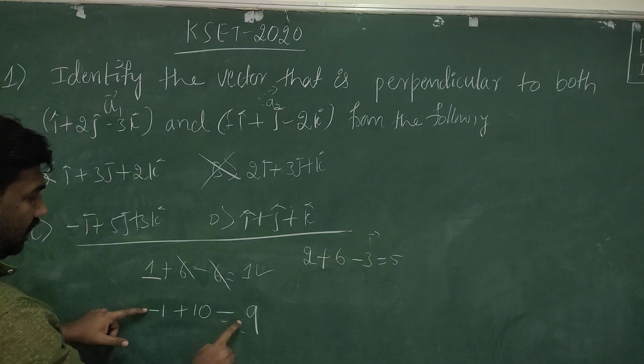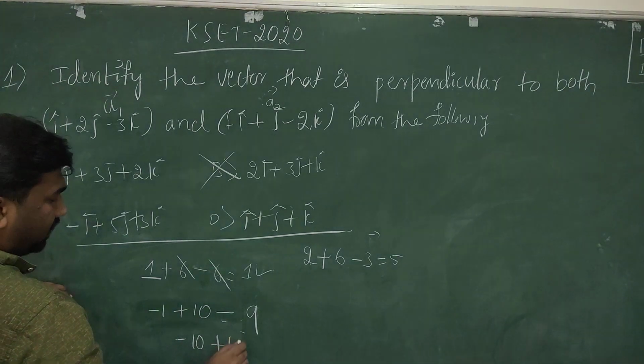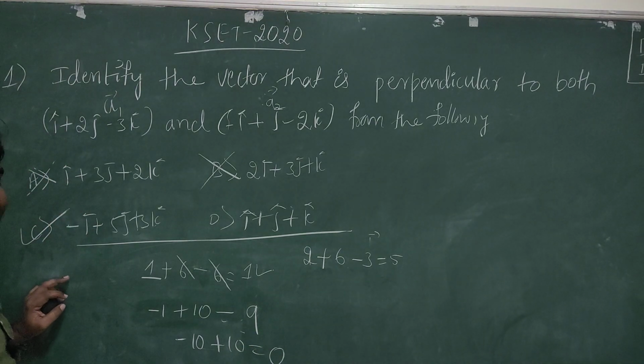Therefore minus 9 minus 1 plus 10. So minus 10 plus 10, which is equal to 0. Okay, option C is satisfied.